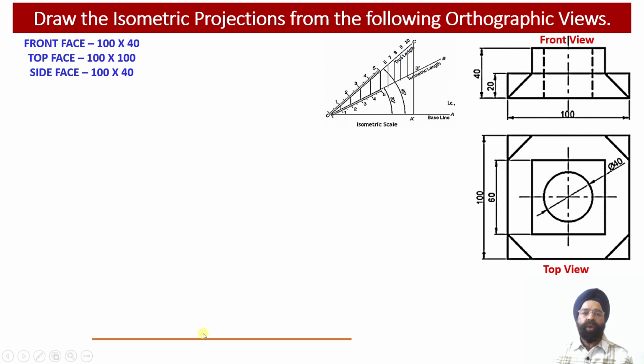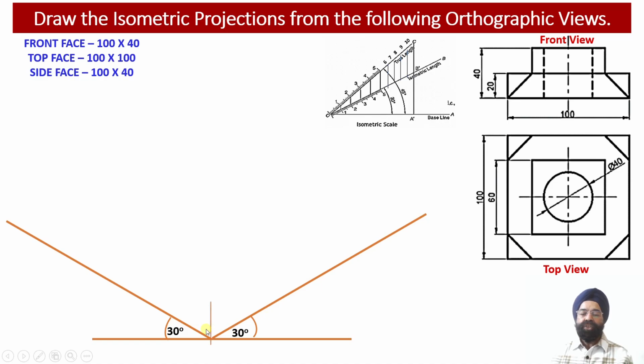Now in order to start with evaluation of the isometric projection, from the center point here we have drawn the isometric x-axis at an inclination of 30 degree with respect to the ground. We have projected the isometric z-axis at an inclination of 30 degree with respect to the ground over here towards the right hand side. So the height of the object will be projected alongside the y-axis over here.